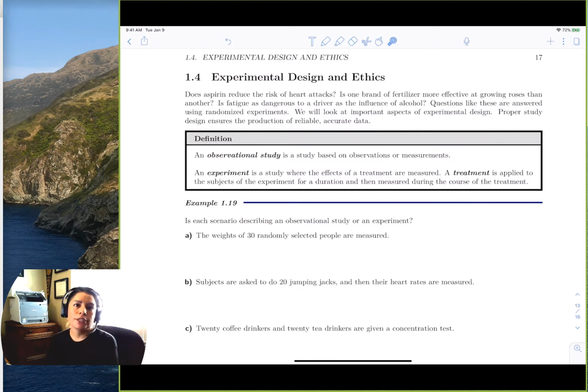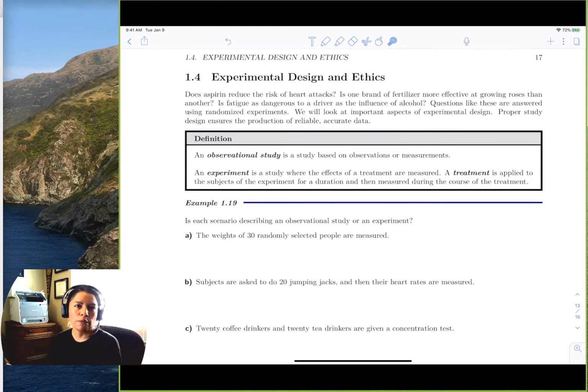What is the average height of students in a Calculus 1 class, right? You're not asking students to get taller, right? They're just how tall they are, and then you measure. An experiment says you're going to apply a treatment to a group or to the entire subjects in your study and see what occurs, and see if there's a difference or not, or if there's an improvement or not.